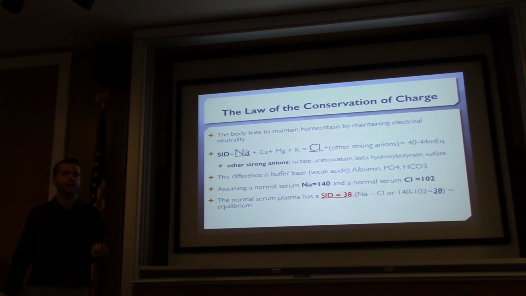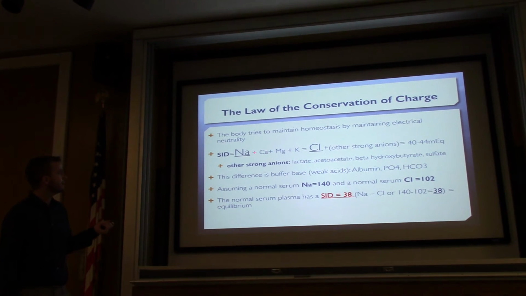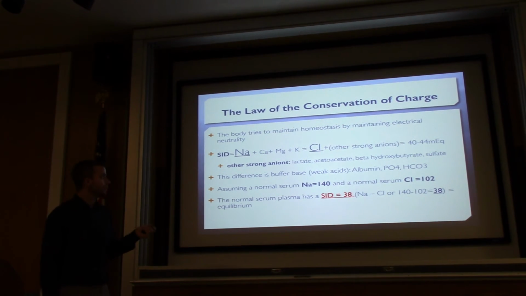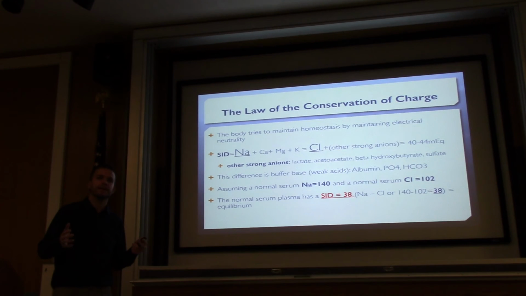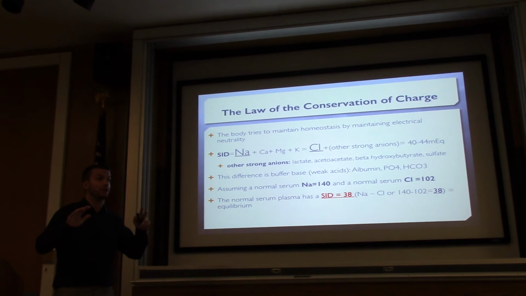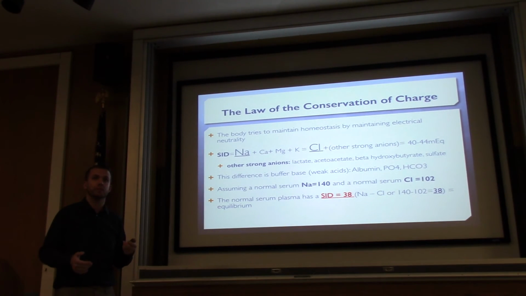We all have a little bit of that in our body. We just don't measure it on a regular basis. So when you add these and subtract them from the sum of the cations, it's about 40 to 44. That's going to be the difference between your strong ions. And that's where your weak acids come in with your bicarb. So it's ATOT plus bicarb equals your strong ion difference.